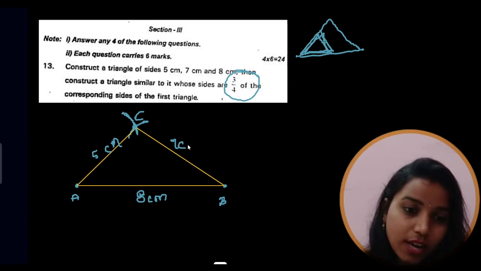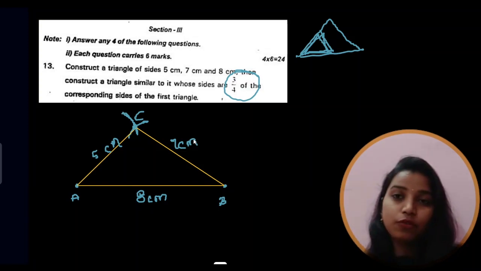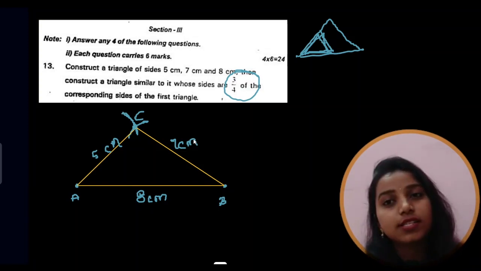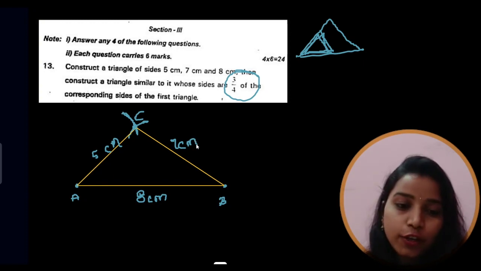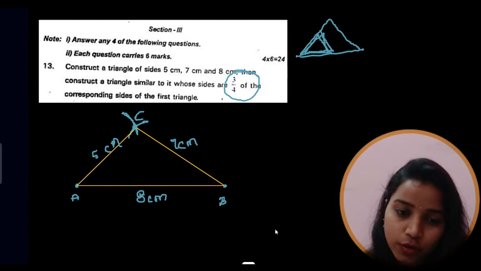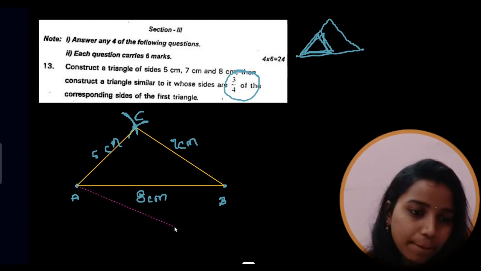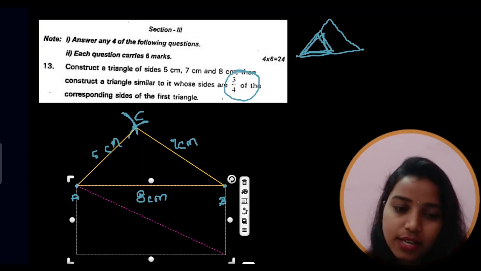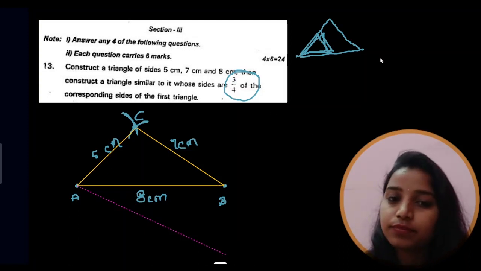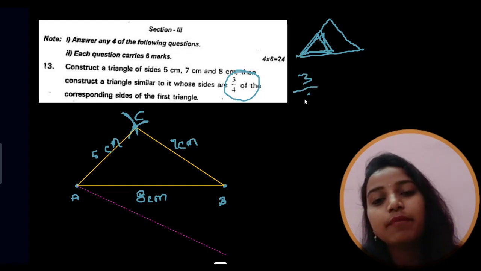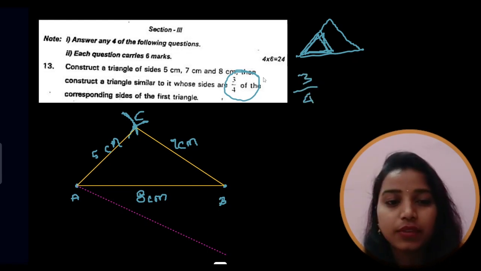Now what we have to do to construct the similar triangle? Simple. Here you need to take one acute angle. Okay, from point A you need to take an acute angle and draw it from A. Okay, right? And here you need to mark 4 points, because here they have asked 3 by 4th of the triangle, right?